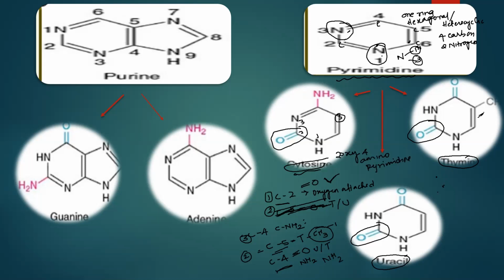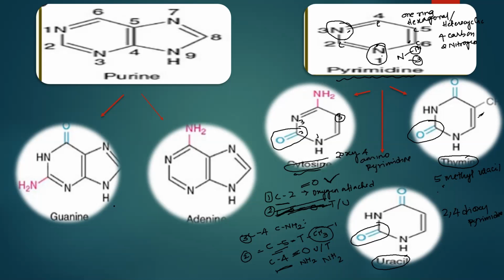Thymine as 5-methyl. Then the rest is uracil. For uracil, you have 2 double bonds, so dioxy pyrimidine.